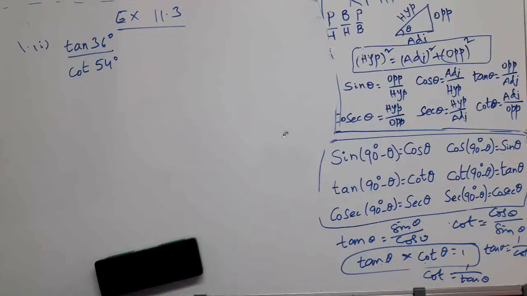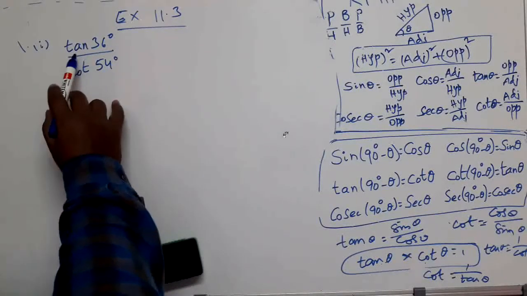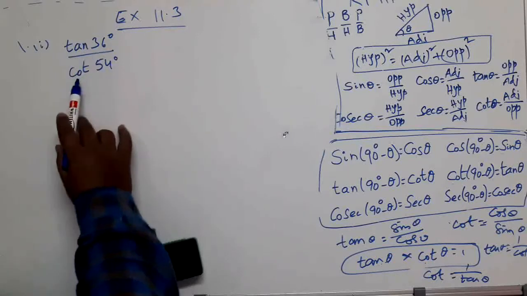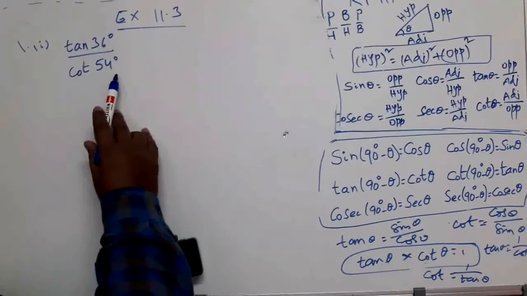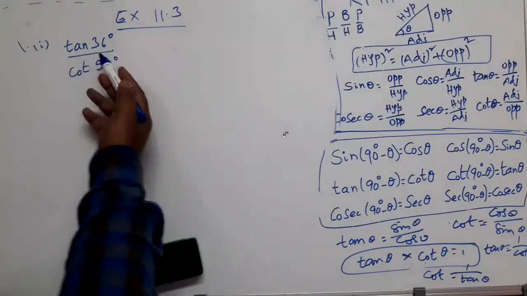We know in trigonometry the values of 5 specific angles: 0 degrees, 30 degrees, 45 degrees, 60 degrees, 90 degrees, for all 6 trigonometric ratios. We have tabulated them, learnt them, and used the table while solving problems of the earlier exercise, right? Of course, here in this question, you are asked to find the value of tan 36 degrees and cot 54 degrees and divide. Do you know the value of tan 36 degrees?